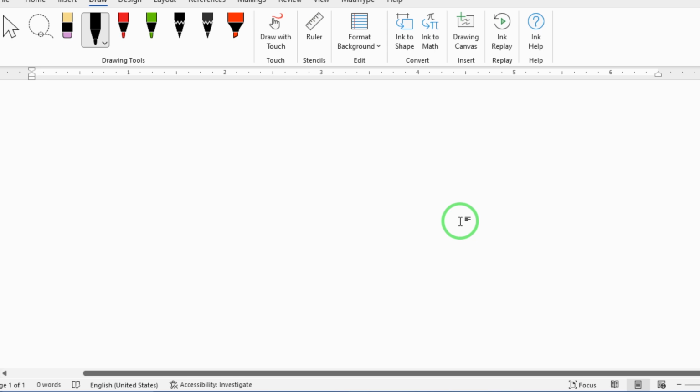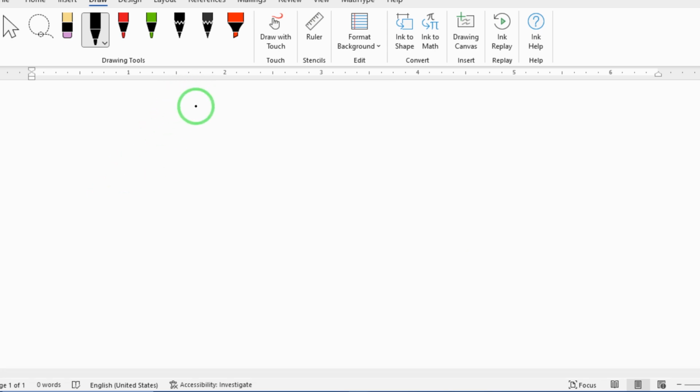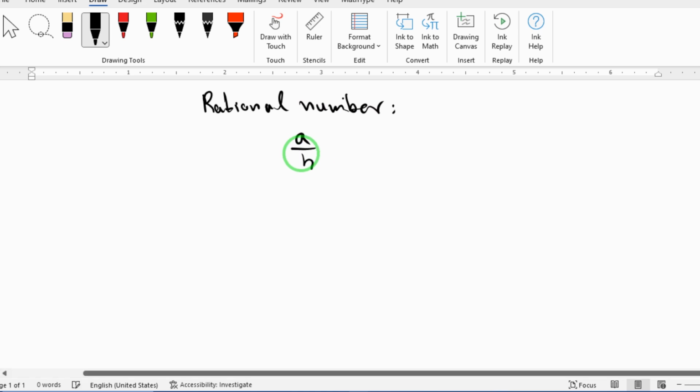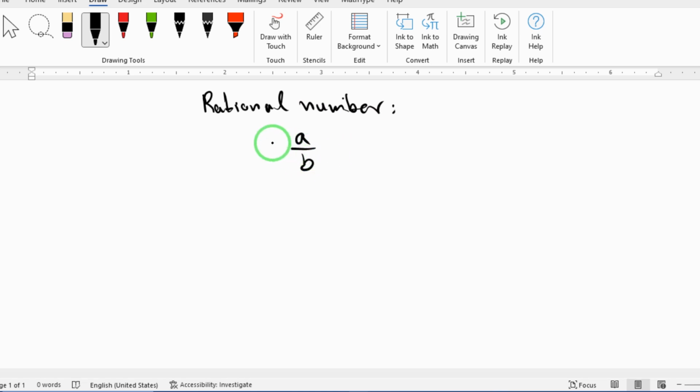Next we have rational number. What is rational number? Rational numbers are those numbers that can be written as a fraction of a over b. These numbers are called rational numbers. The rational numbers include integer numbers and also fractional numbers.